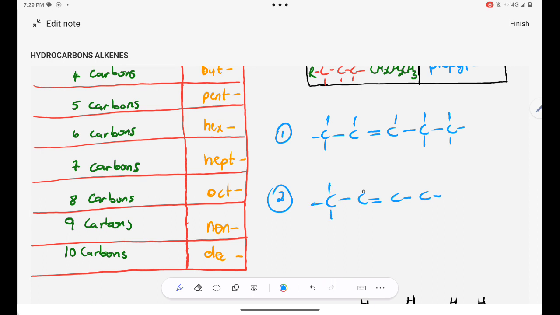Okay, let's do this. Yeah, please do write the IUPAC names for these two compounds in the comment section. I'll definitely come back and correct you.